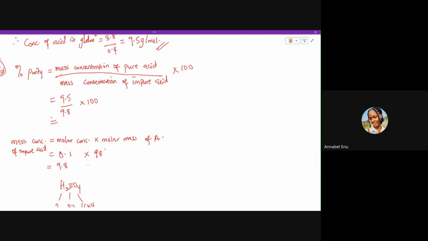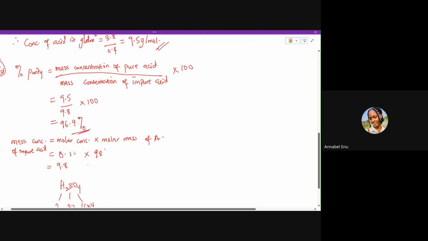So when we have 9.5 divided by 9.8, then multiply by our 100. From what we can see here, we are having 96.9. So this is the percentage purity. Now the percentage purity is 96.9%.